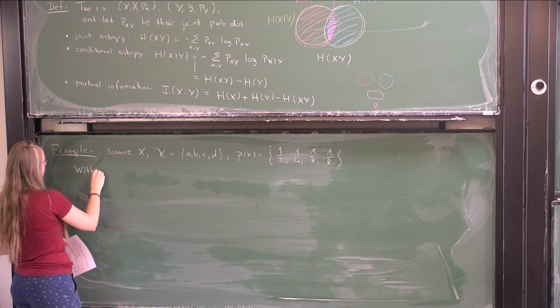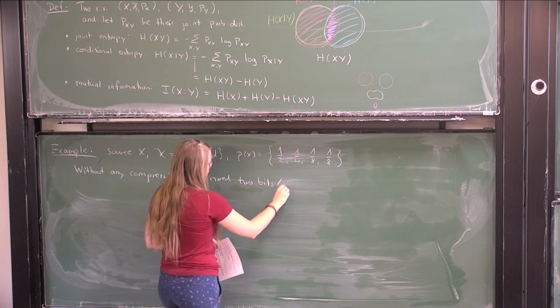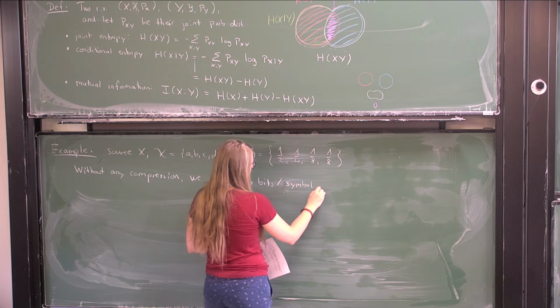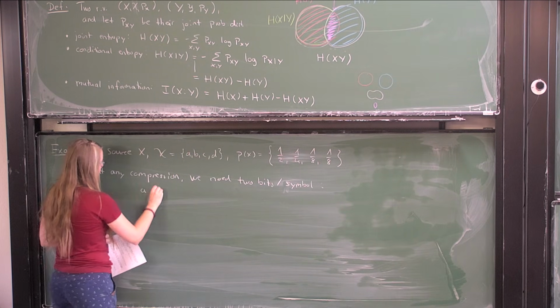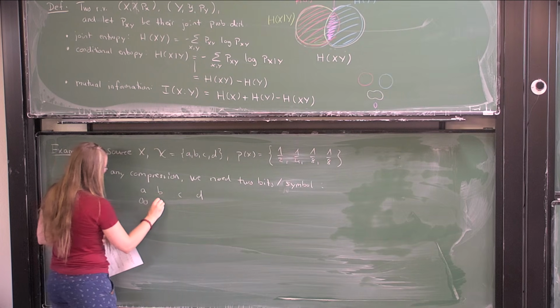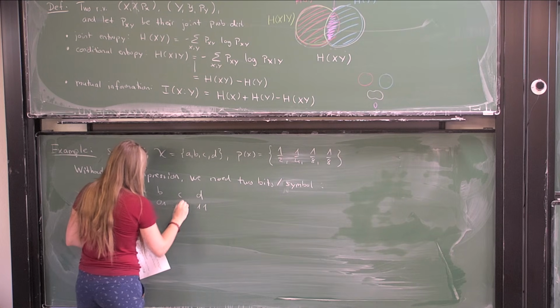So without any compression, we need 2 bits per symbol to encode this. A is 0 0, B is 0 1, C is 1 0, D is 1 1.